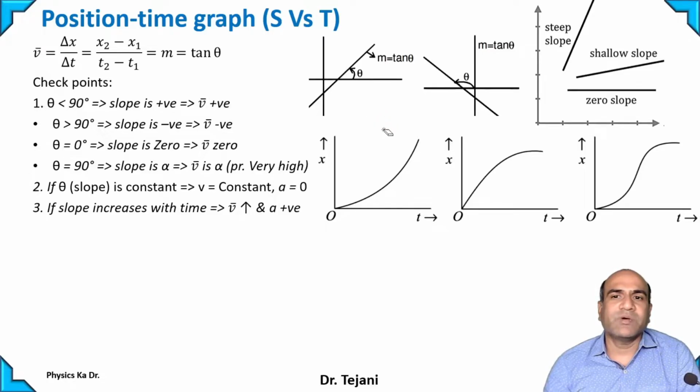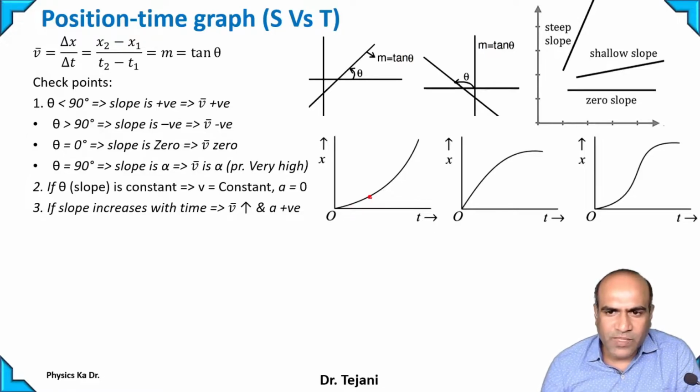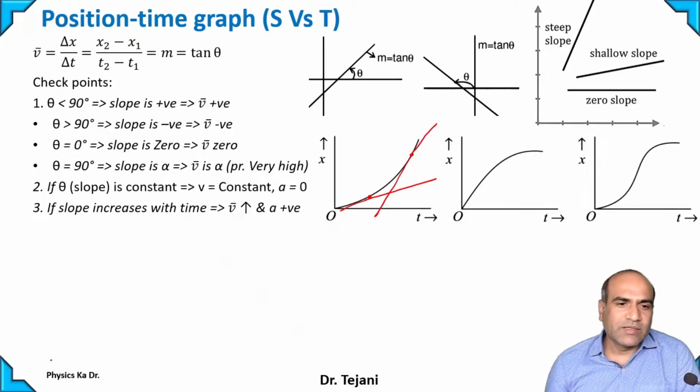Let's check the tangent. The slope is given by the tangent, so take a point at this position and draw the tangent, and take one more point here and draw its slope. For the first point we have theta 1 and for the second point theta 2.